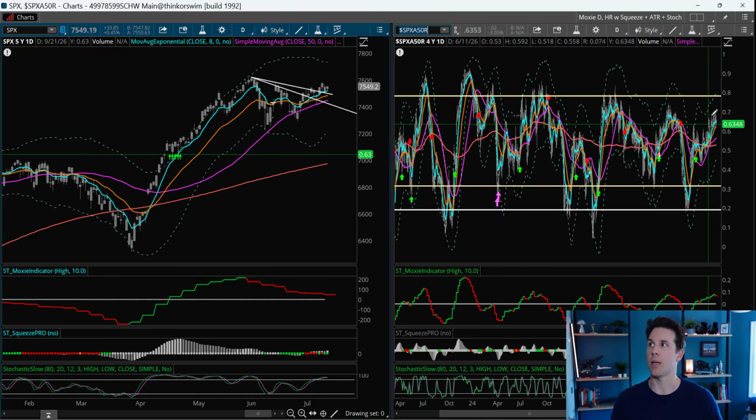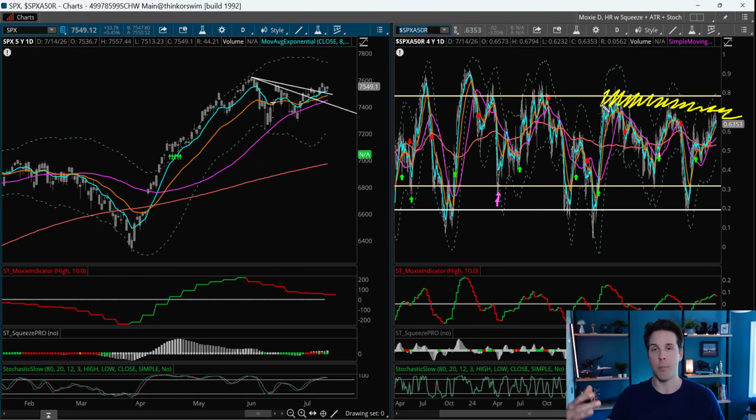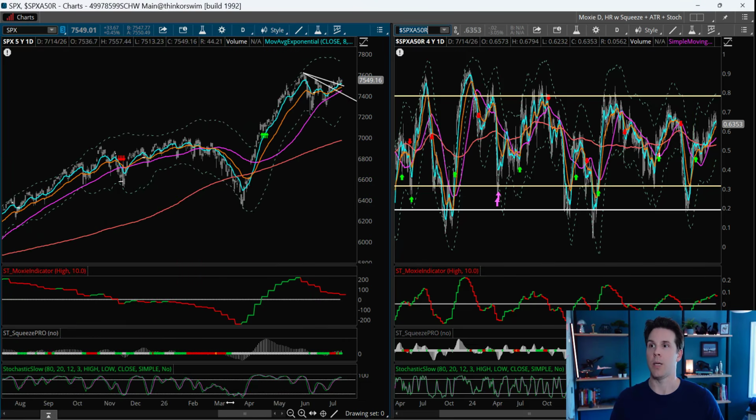The market's making highs, but this is not making highs. In fact, the number of stocks over their 50-day SMA continues to be less. There is a divergence. Each time this goes up, it has been a lower high, even though the market continues to be higher and higher and higher.